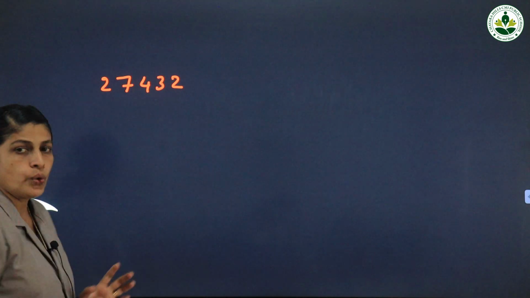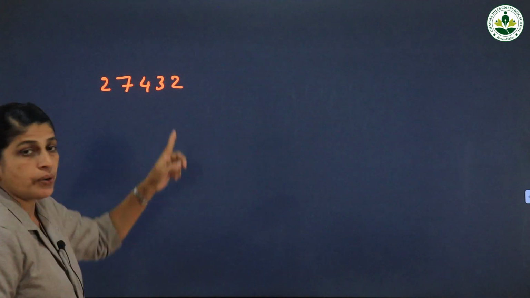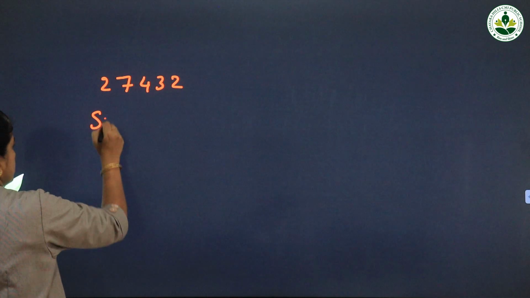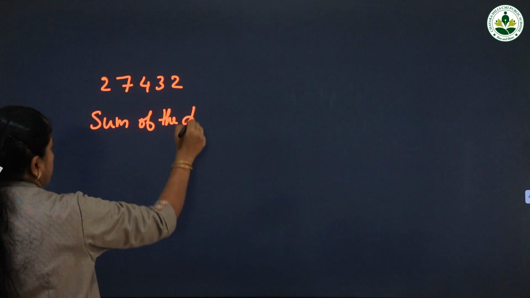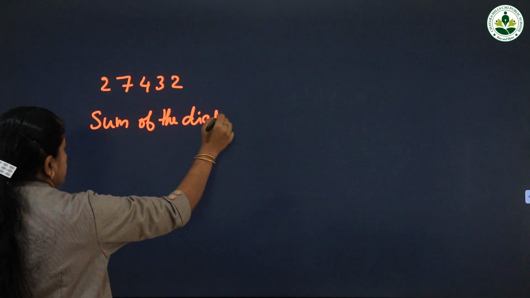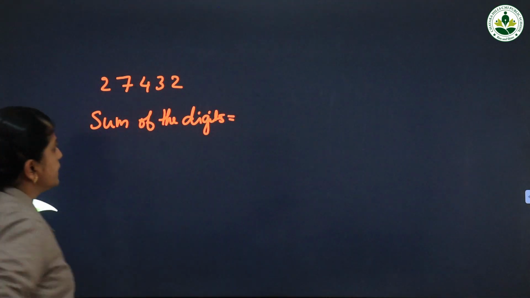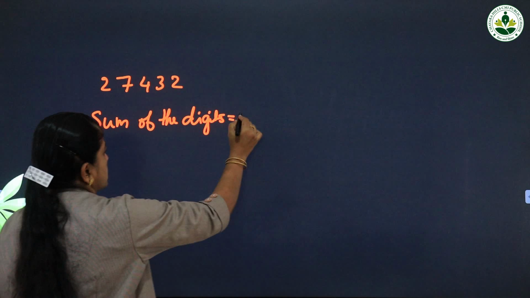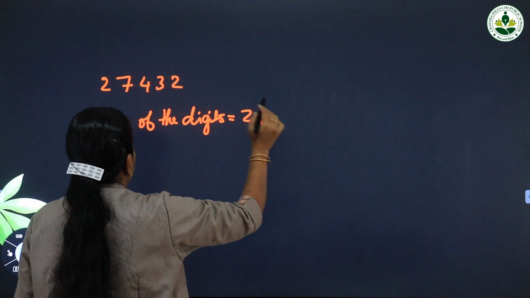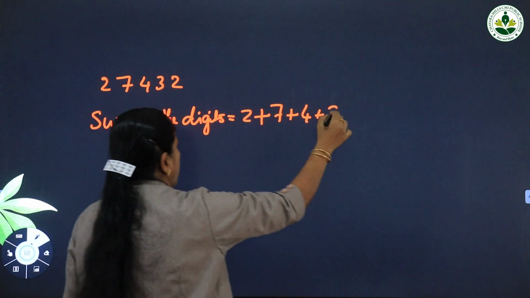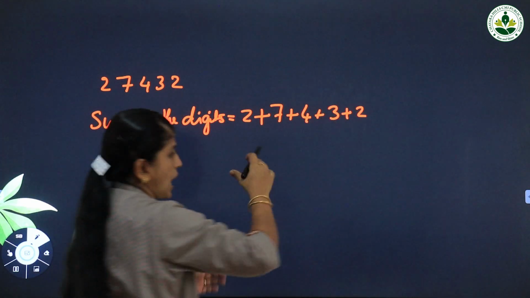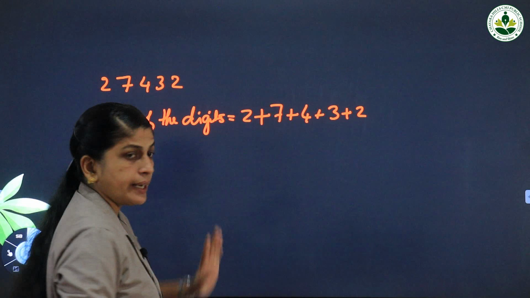Now the rule is we have to find the sum of the digits in that number. Which are the digits in this number? 2 plus 7 plus 4 plus 3 plus 2. You just add all the digits in that number.